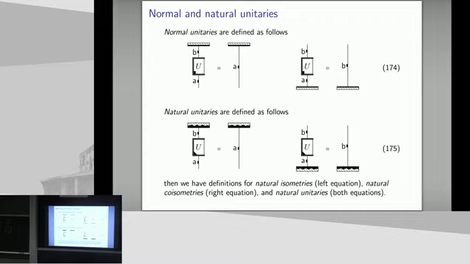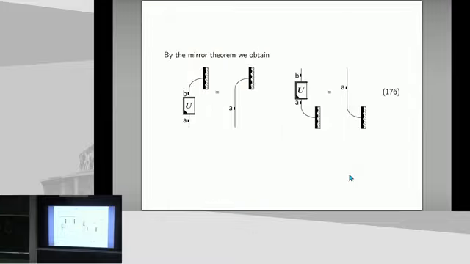And really it turns out that it's the natural unitaries that are useful for us, because by the mirror theorem you can rotate these mirrors and you have these conditions instead. Okay.